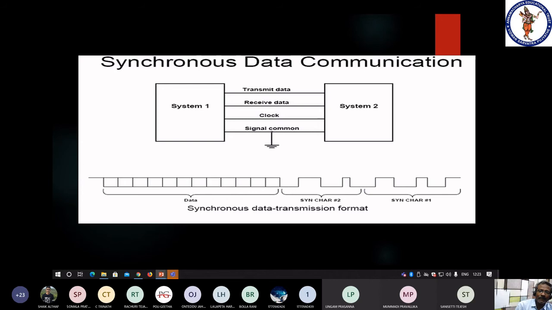Based on that sync character, the receiver understands that the data is initiated by the transmitter. The first thing received is the sync character. As soon as the sync character is received, it understands that the next immediate data is the original data to be communicated between the transmitter and receiver. For a group of bytes, 1 or 2 sync characters are appended for the communication.